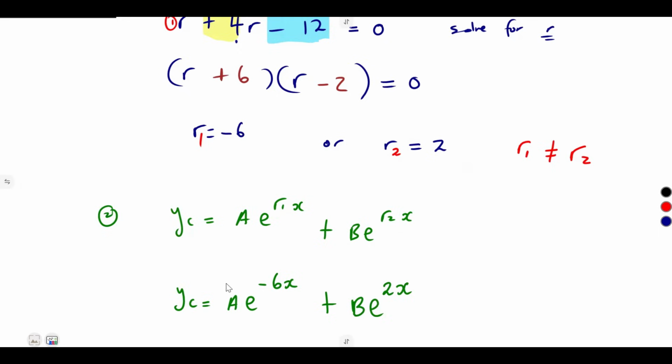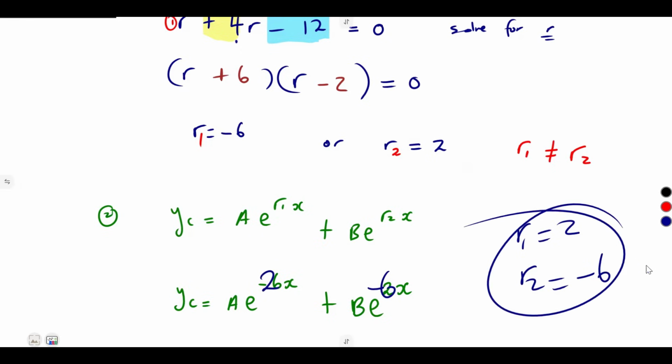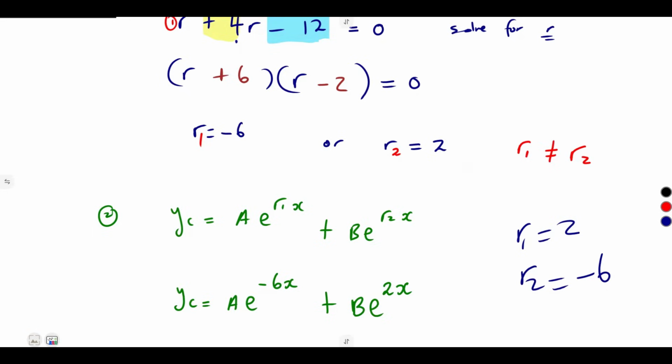So this one is going to depend. Maybe your r1 is 2, your r2 is negative 6. You put it the way that you obtained from your solutions. All right? Because it depends on the order of your solution, which one was the first bracket, that one can affect your answer in terms of the presentation.